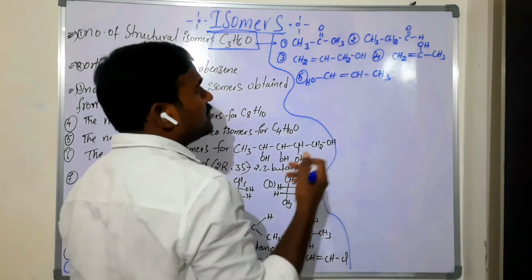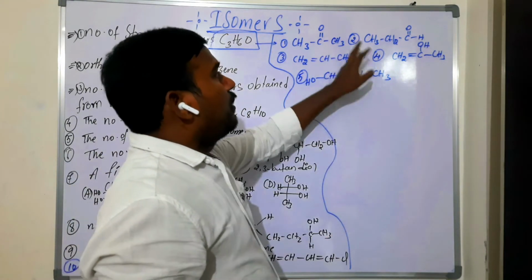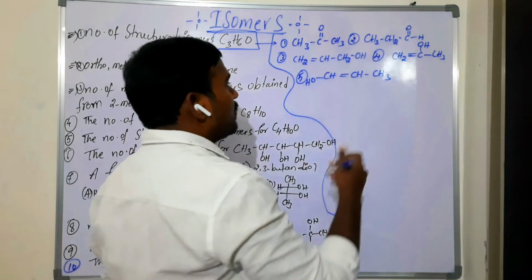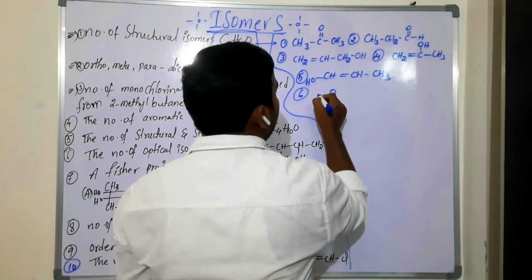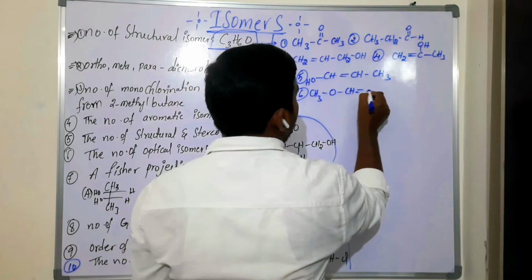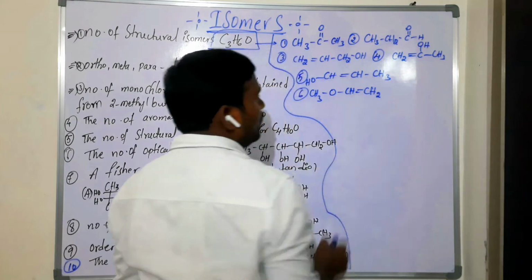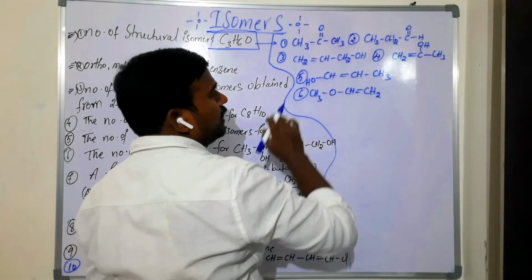So the next structural isomers: alcohols we have seen as functional group isomers. Next we are going to see the sixth one. You can see here O-CH3, CH double bond CH2. One is an alcohol, and this one is an ether.